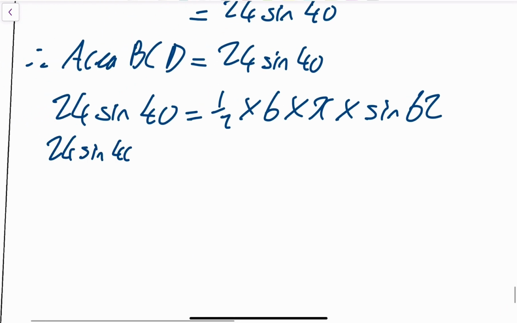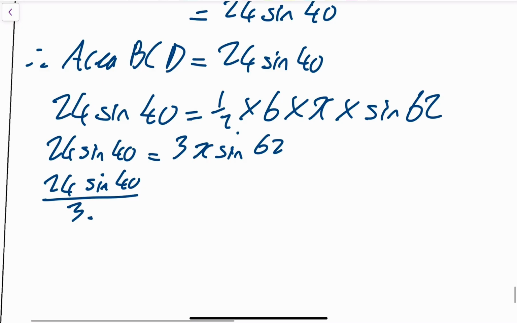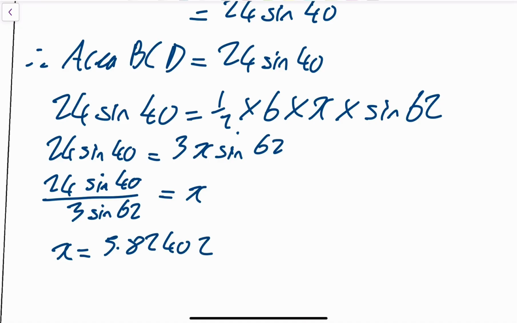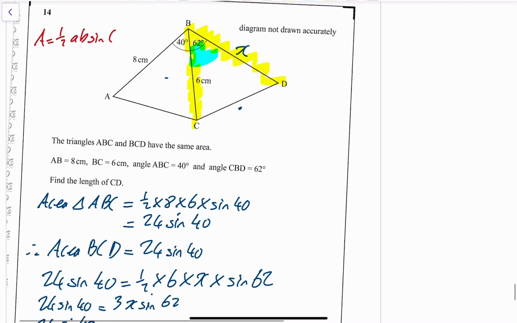That's 24 sine 40. A half times 6 is 3. So 3x sine 62. And then 24 sine 40 divided by 3 sine 62 is equal to x. And when I worked it out to 5 decimal places, I got x equals 5.82402.